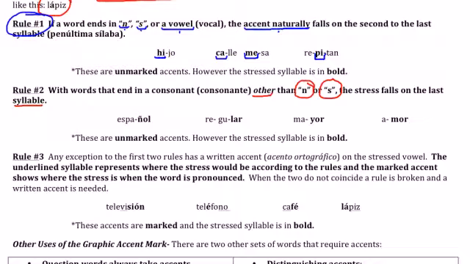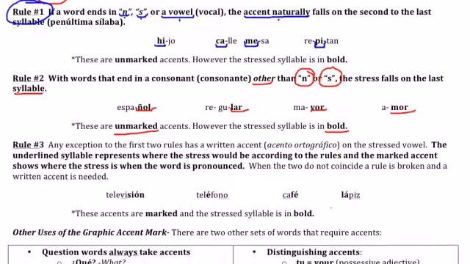When you listen to them, you'll find that the bolded syllable is the one that receives the stress. Español, regular, mayor, amor. These again are unmarked accents, and the stressed syllable is in bold, and I've underlined it in red.